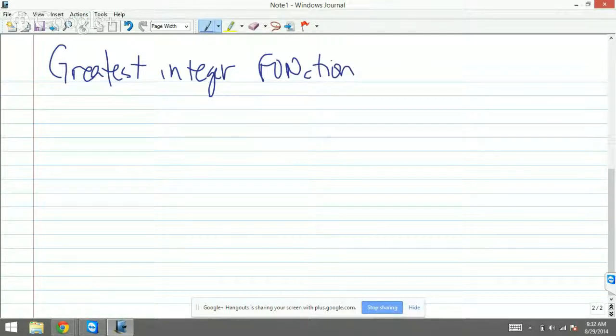Okay, this is the last one for today. We're going to run out of time soon, but that's what the greatest integer function is.